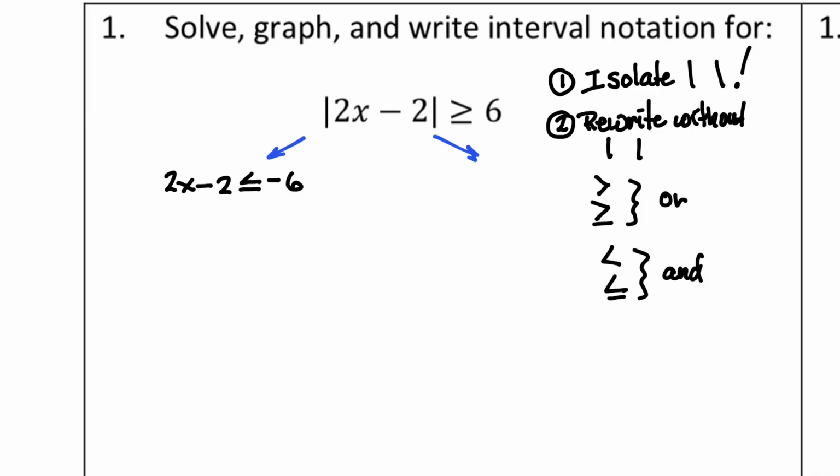Okay, I'll go over that again, but let me do the whole thing here. Then we're going to put an "or" because of this sign, because it's greater than or equal to, which is one of these. And then to the right, you're going to drop the absolute value, and it's going to be greater than or equal to a positive 6.